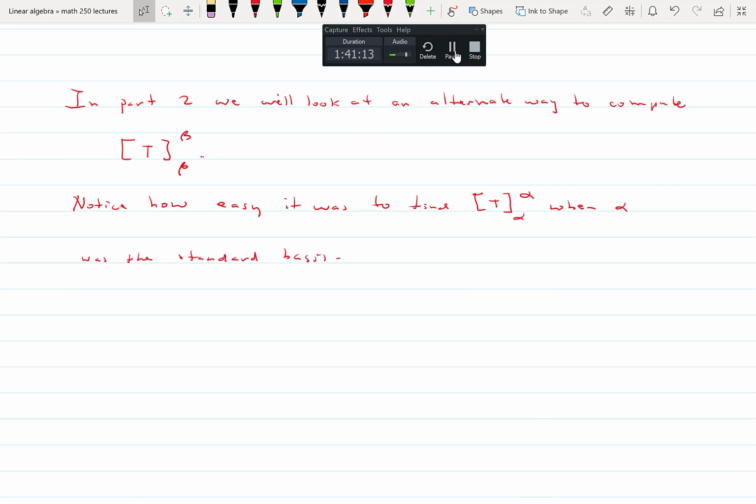We want a way of computing the complicated one, the matrix of T with respect to a complicated basis, let's say, without ever having to look at that complicated basis, or not directly. We'd like a way to compute the matrix of T with respect to beta using the matrix of T, the easy one. And that's what we're going to do.